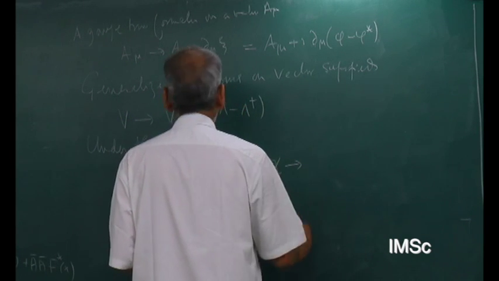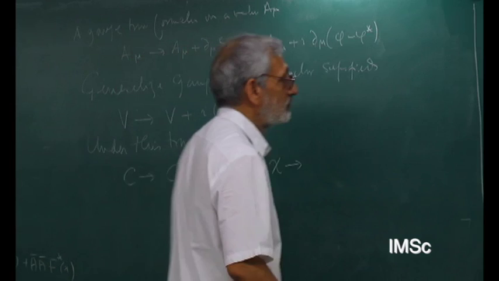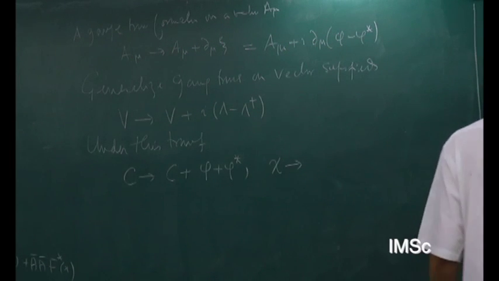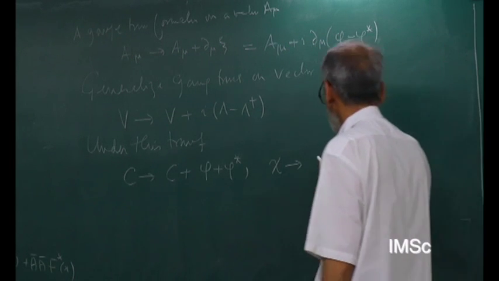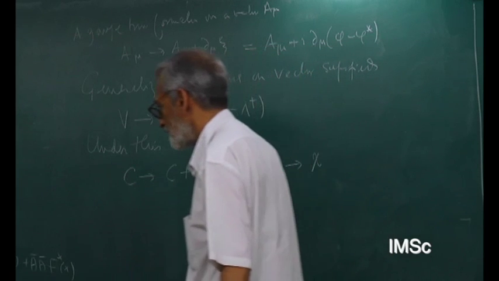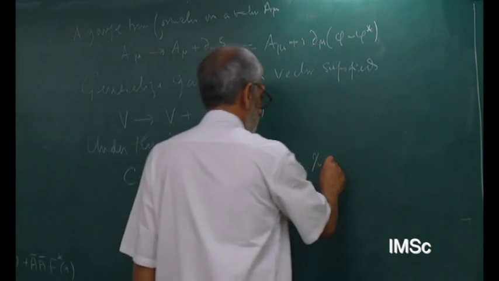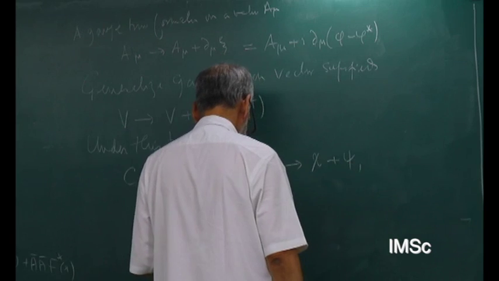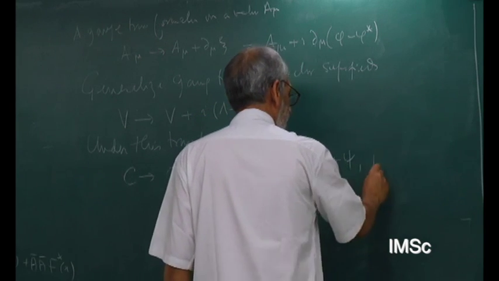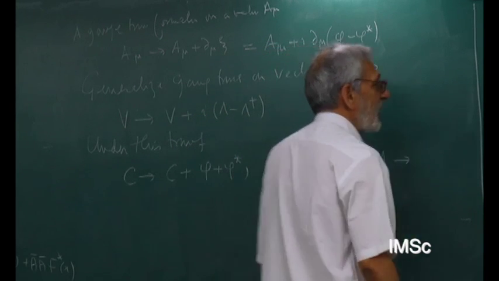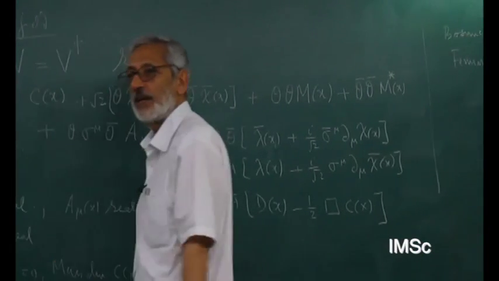Chi changes to chi plus theta component, psi. M and chi bar similarly change to chi bar plus psi bar.